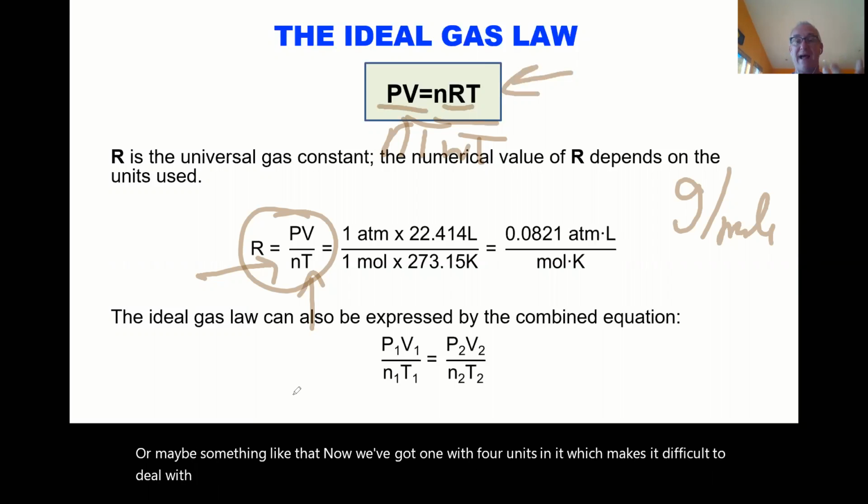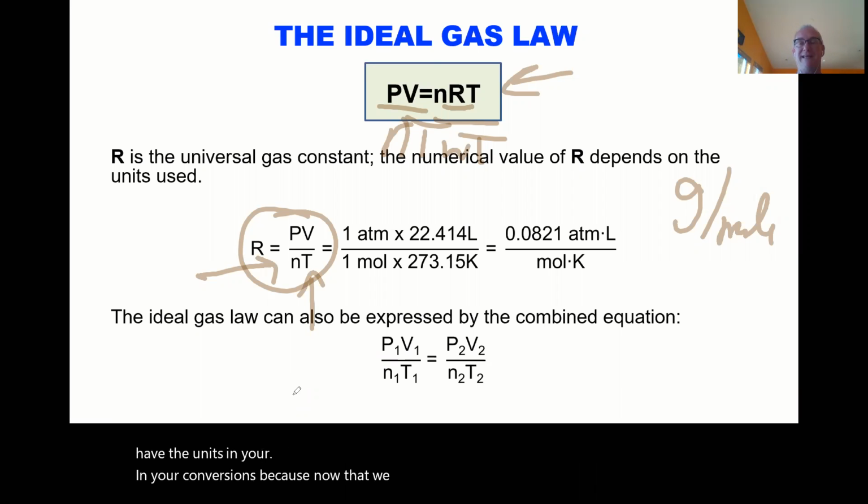But now you understand why it's going to be even more important to have the units in your conversions, because now that we've got 4 of them, it's going to be really easy to make a mistake, right?